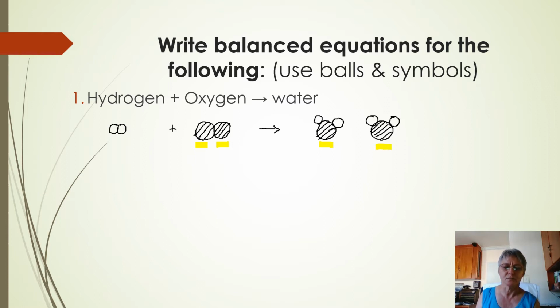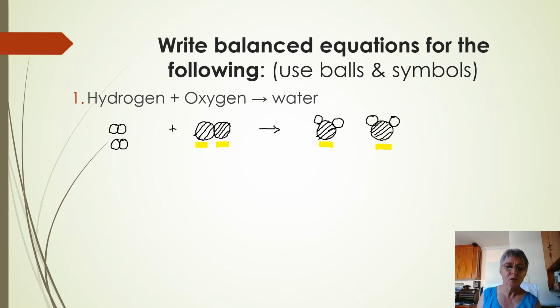As you can see, you've got two oxygens on the left-hand side of the arrow and two on the right-hand side of the arrow. Unfortunately, our hydrogens are not balanced, but it's easy to balance. All we need to add is another molecule of hydrogen.